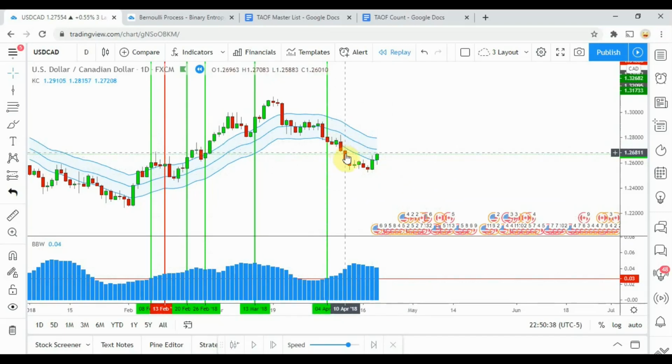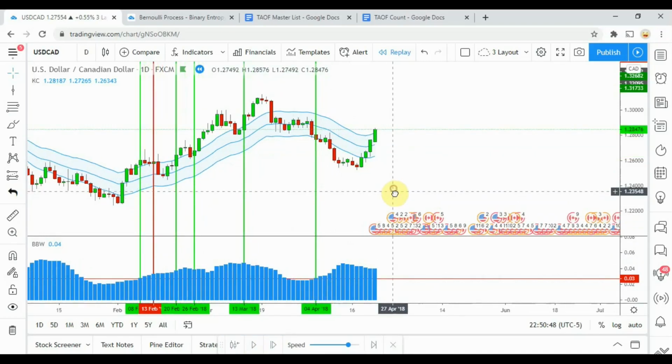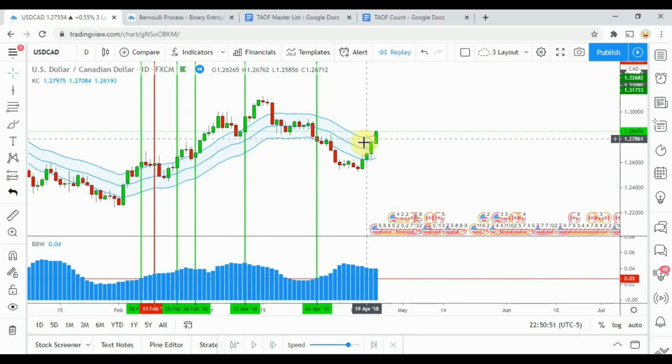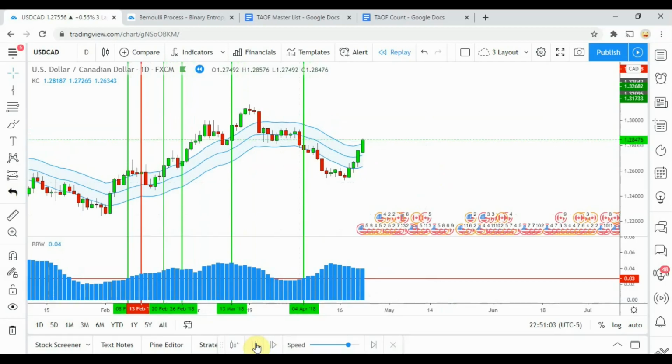Looks like we probably would have actually in this case still been in this trade as price action made its way downward. Now let's see. In this particular case, we would have stopped out right here on this candle and would have been basically break even. So let's go ahead and play it out.